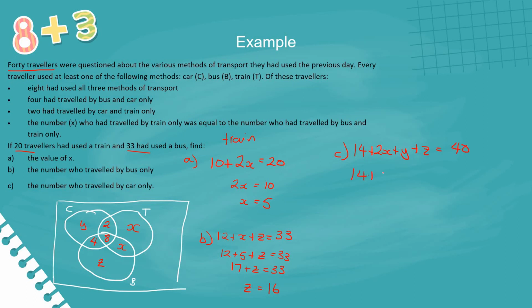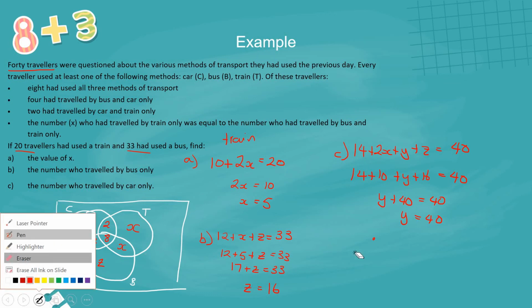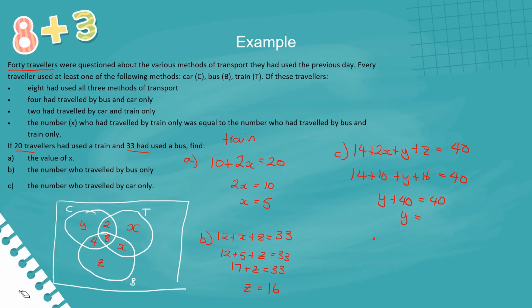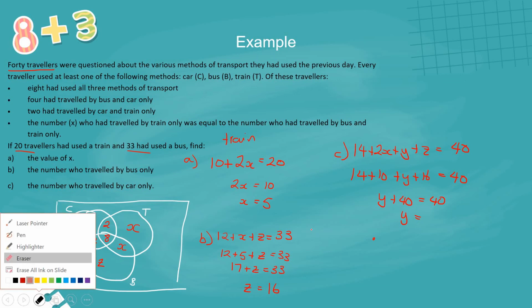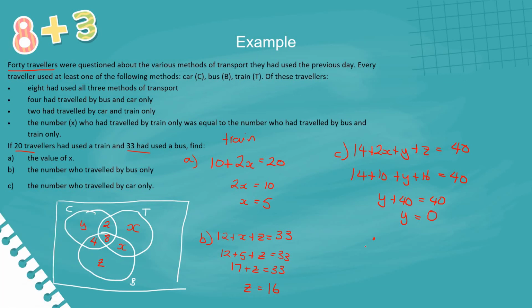Again, in this case, I know my values of x and z, so I don't need to use simultaneous equations, but you might later on. 14 plus 16 is 30 plus 10 is 40. So actually what we're finding here is that no people travelled by car only. I've just written the wrong thing there. It should be 0. So no one has actually travelled by car only from the people surveyed.